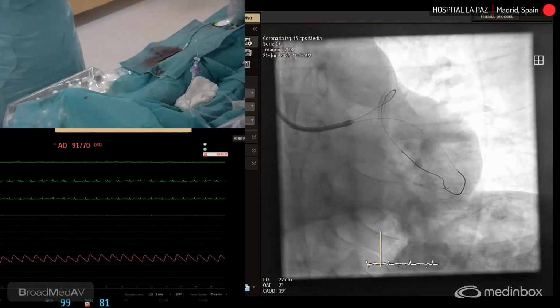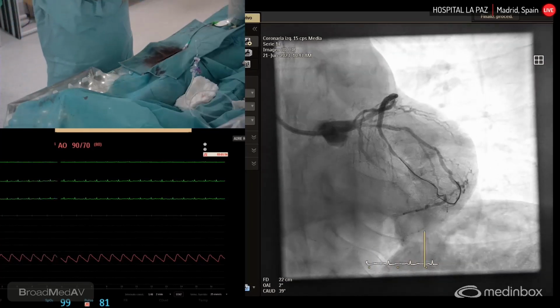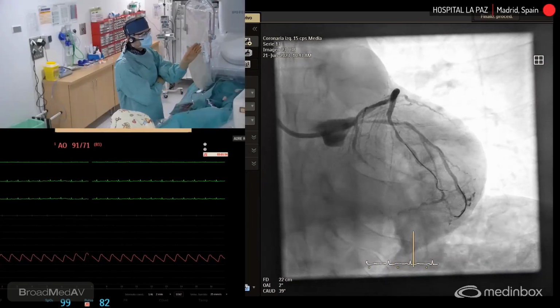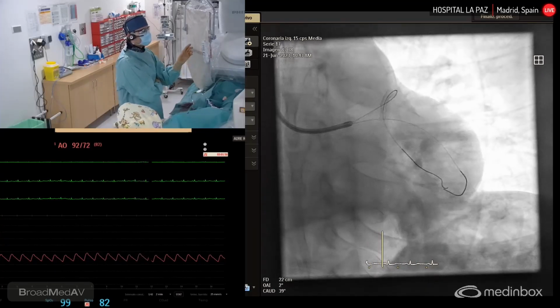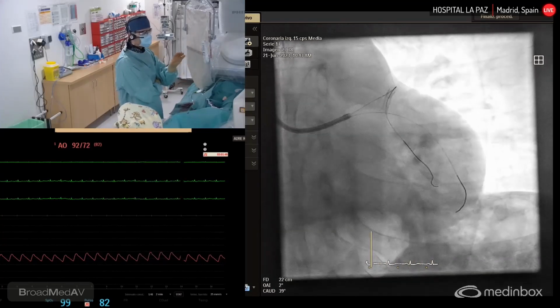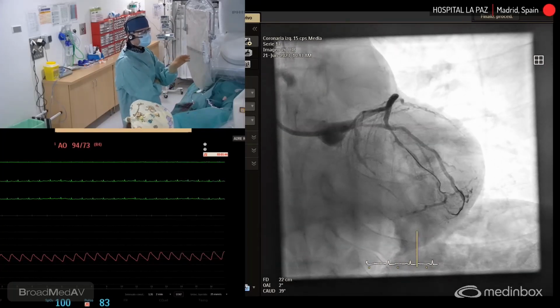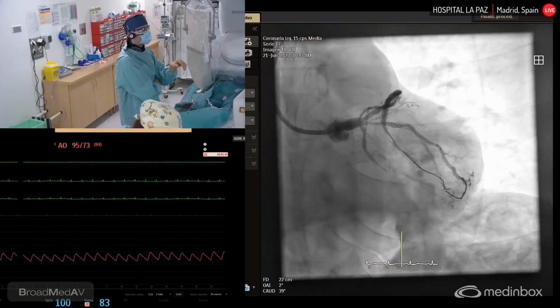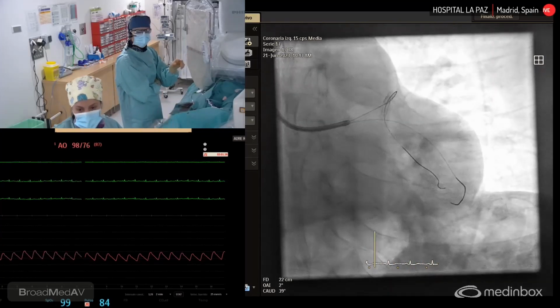Dame el 16. We are using, as I think the best landing zone distally is a little bit farther than the critical lesion. I'm going to use a smaller stent at 2.25 because the luminal area was between 2.2 and 2.5, and then analyze with IVUS if we need to post-dilate the proximal part.